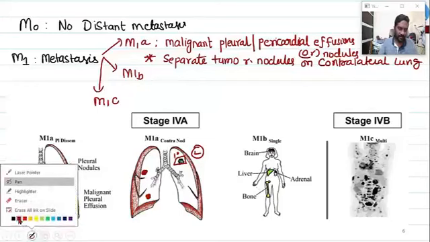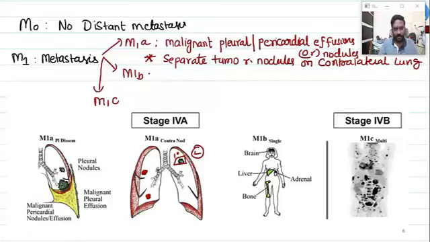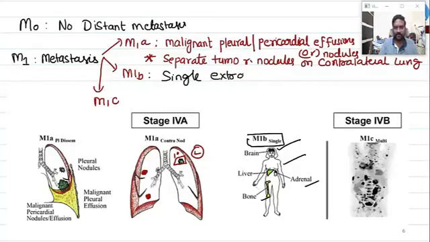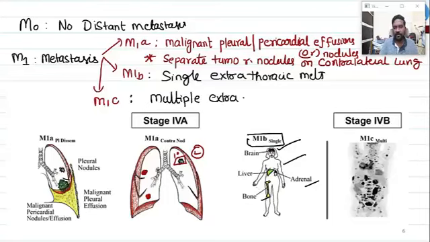Whereas M1B indicates a single extrathoracic metastasis, in one organ, either brain, liver, adrenal or bone. M1C indicates multiple metastases at multiple sites.